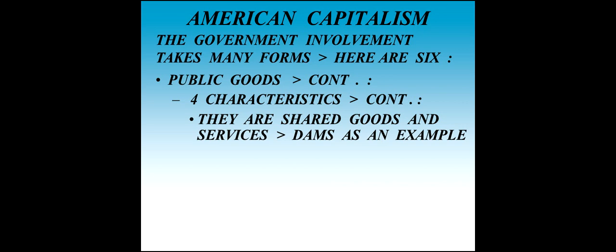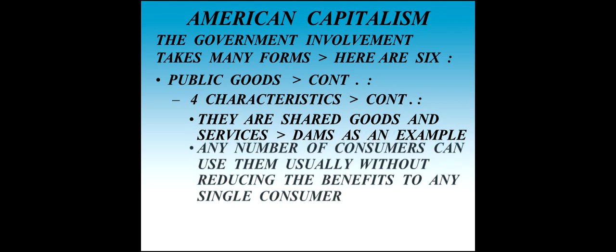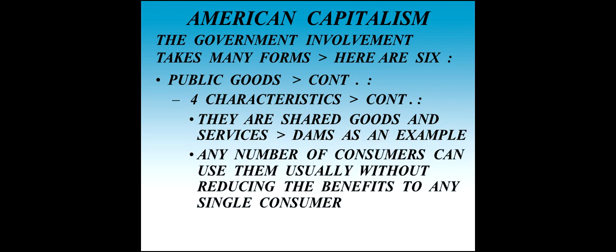Another example, if you need another one for a public good, would be dams. Would be another great example of a public good. The third characteristic is that any number of consumers can use the public good, usually without reducing the benefits to any single consumer.